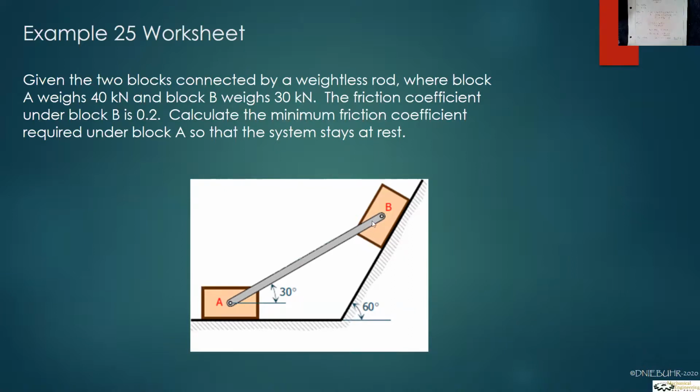There's going to be a certain amount of force applied to this rod, we'll just call it C, in order to hold B up. And so once you see that that can be determined, then you can just use the laws of friction to figure out what amount of force is needed to hold that up.